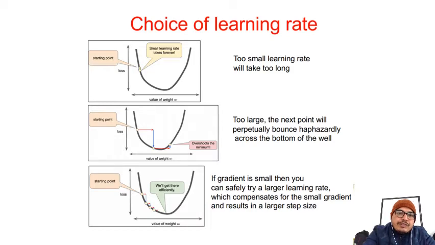For example, if you are standing here and you calculate a gradient, you see that the gradient is in this direction, which is a positive direction. You take a walk in the negative direction. But when I say you have to take a walk, you need to decide what the step size is. If you take this much step, then you come directly here. If you take this step, then you come here. So it depends. It is a hyperparameter in this learning, and this is the choice of learning rate.